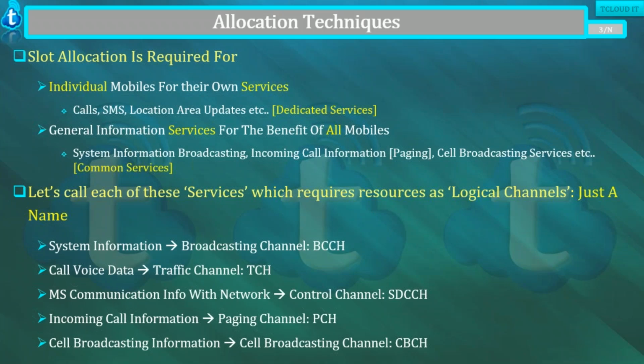But what did we get is, for each kind of this data, we must allocate some slots. Slots are needed to send any of these data. All these types of data are digital data, ones and zeros. To send the data out or to receive the data, we require some slots. Slots are our need. That is the physical thing.